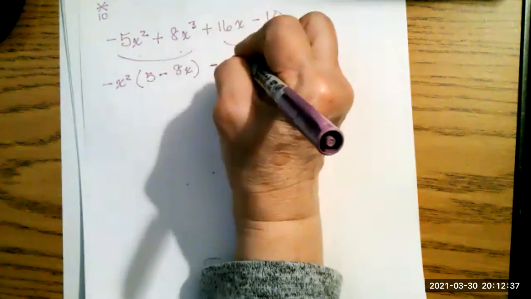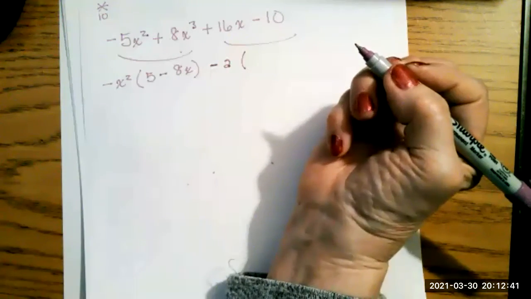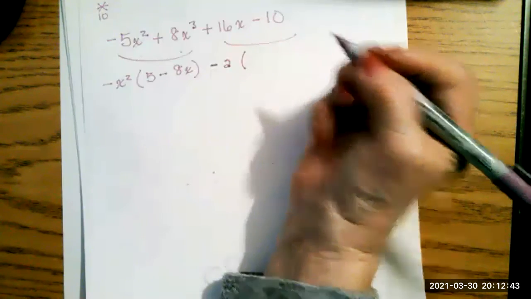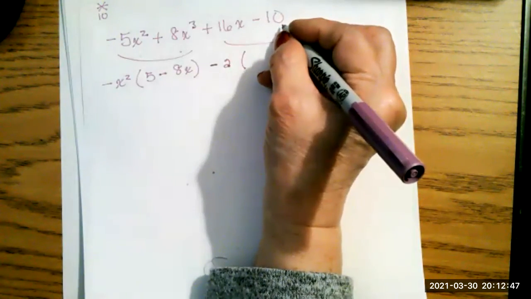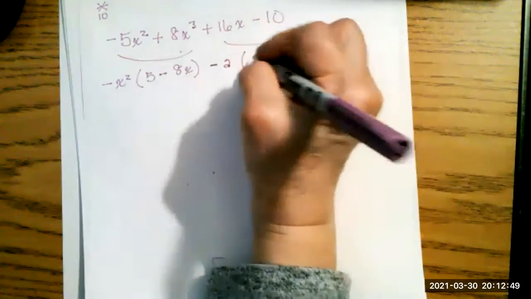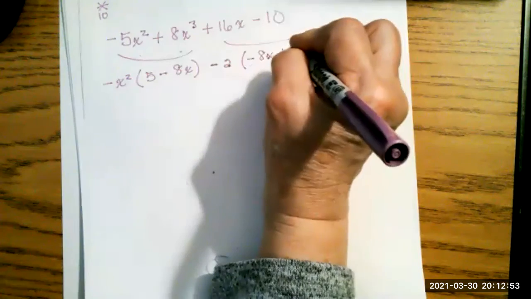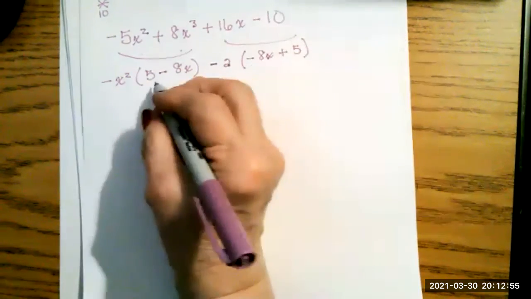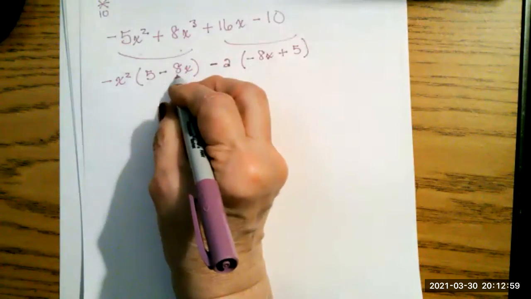Take out a negative 8 or negative 2. Why couldn't you take out a negative 8? Never mind, because 8 won't go into 10. Yeah, that's right. So that's going to make it negative 8x plus 5. And that's what I want, because this one is 5 minus 8x.